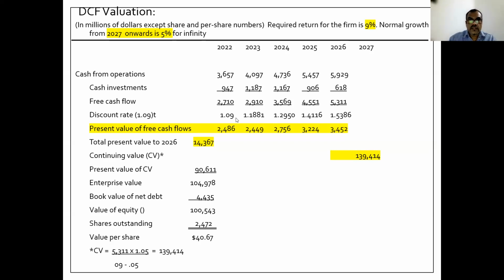Okay, then you do the calculations later. The only thing I can tell you is that different growth rates can be seen during this particular time period from 2022 to 2026.